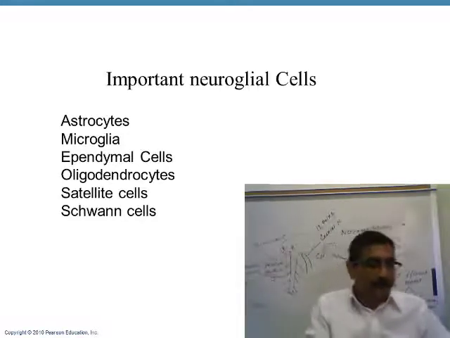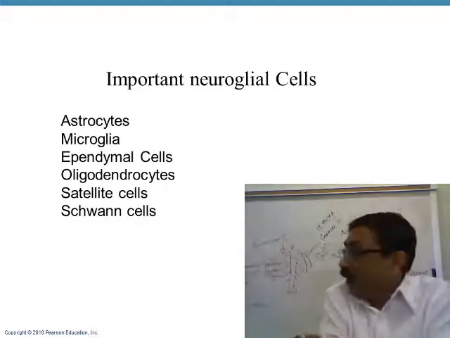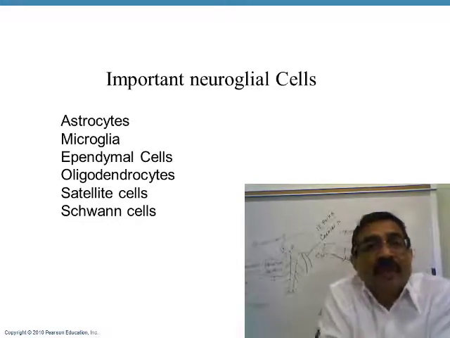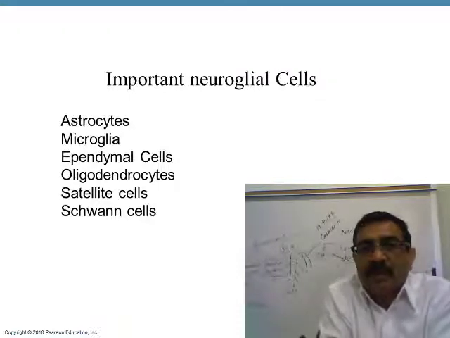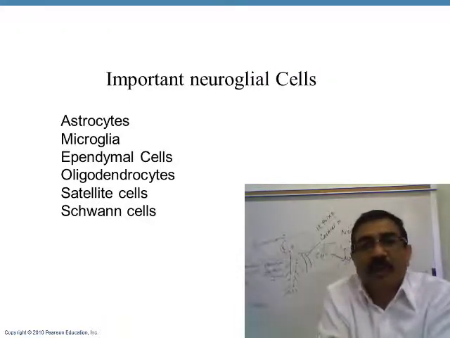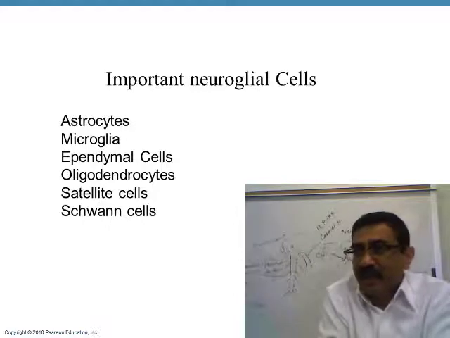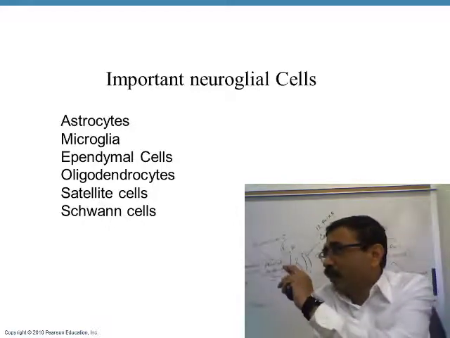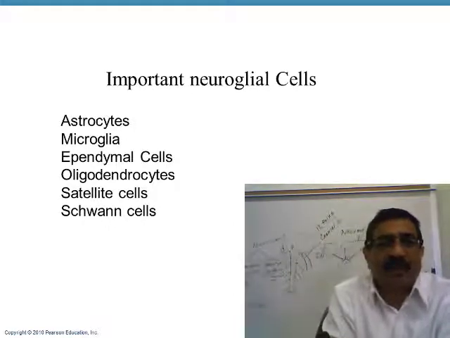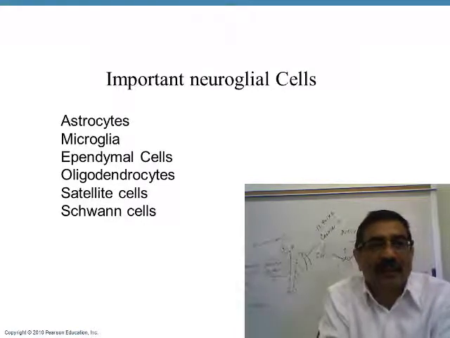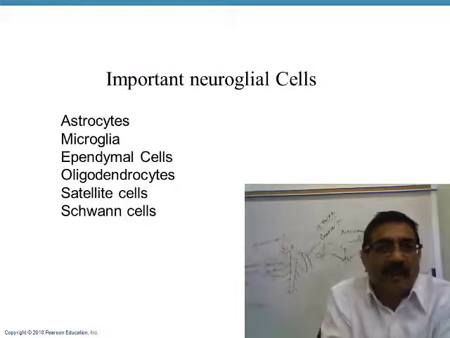These are a few very important neuroglial cells. In the next few slides, I will go over these neuroglial cells and mention just one or two important things about each of these. You have to remember that. Make sense? Okay.